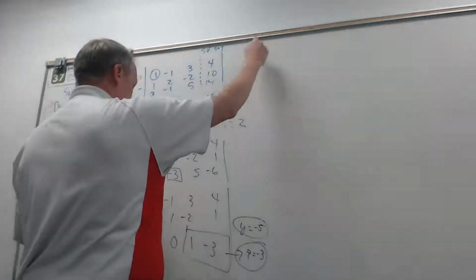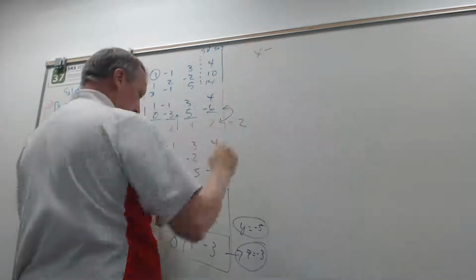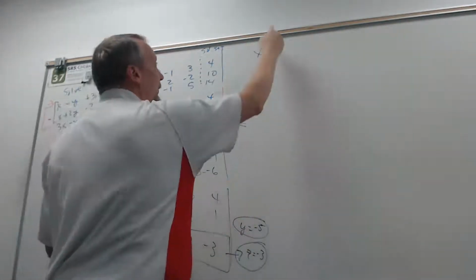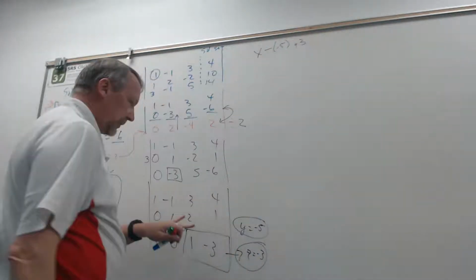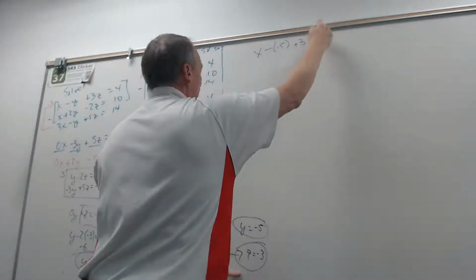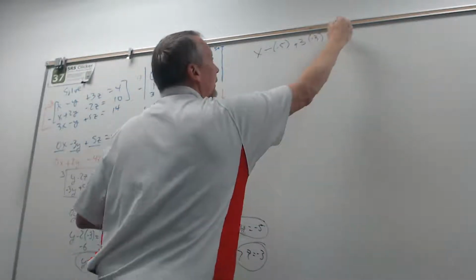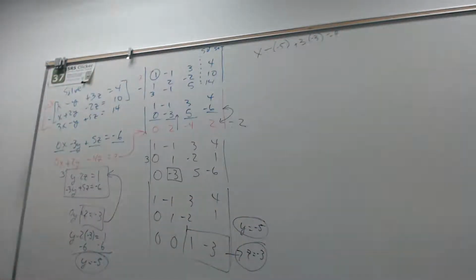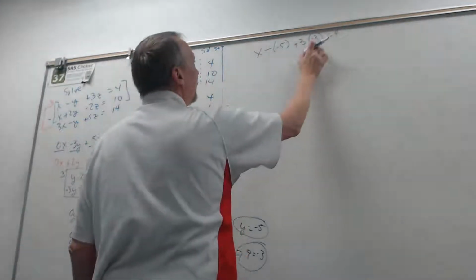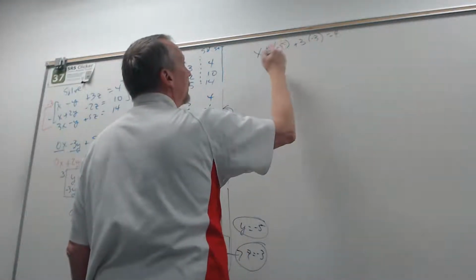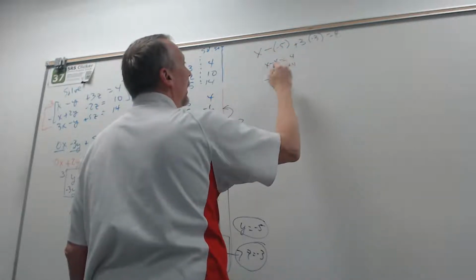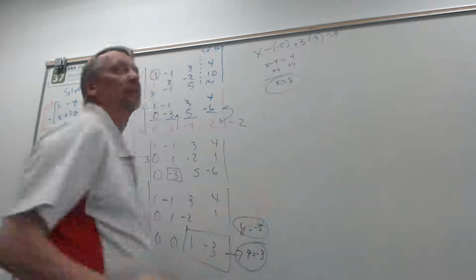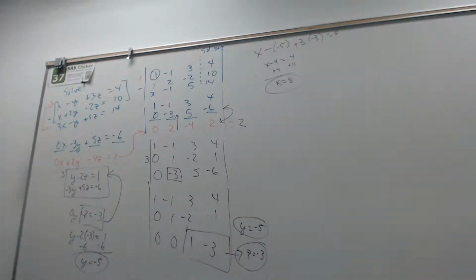So x minus y, which is -5, plus 3 times z, which is -3, equals 4. Okay? 3 times -3 is -9 plus 5 is -4. x minus 4 equals 4. Add 4. x equals 8. Does that make sense?